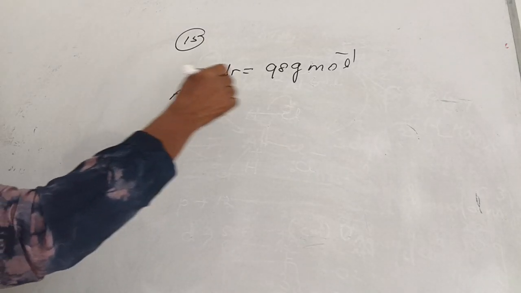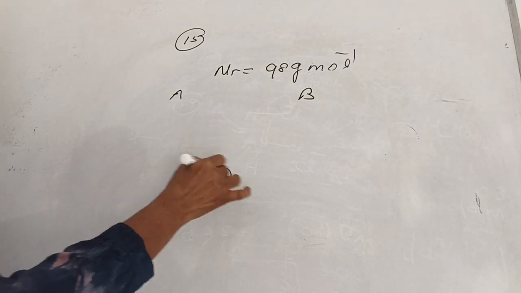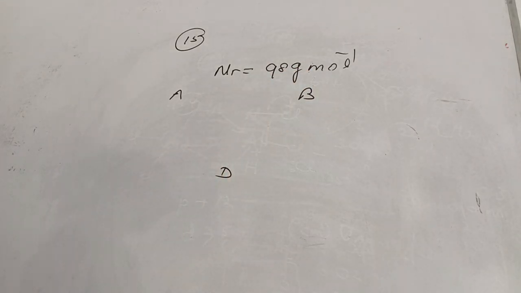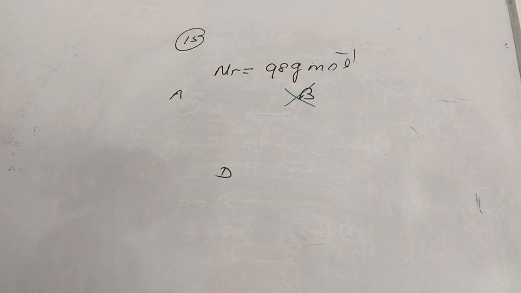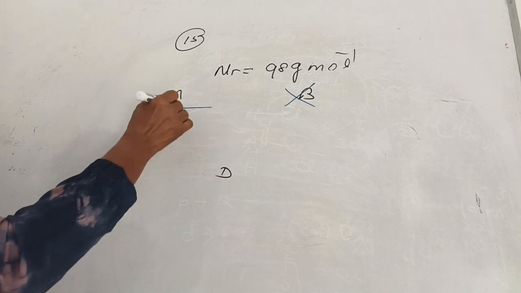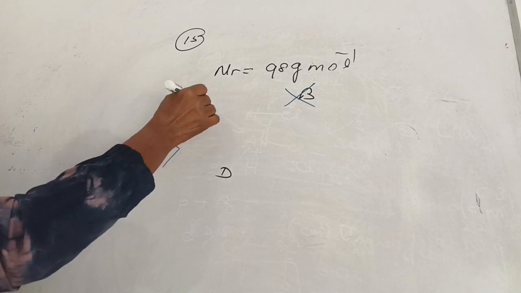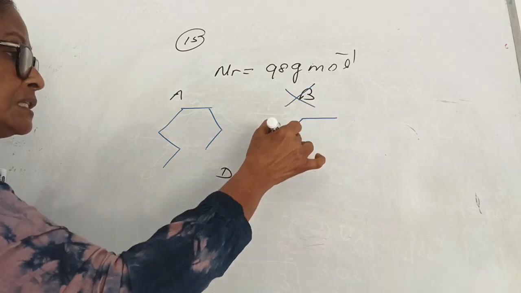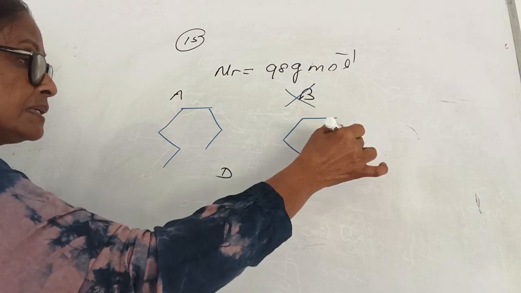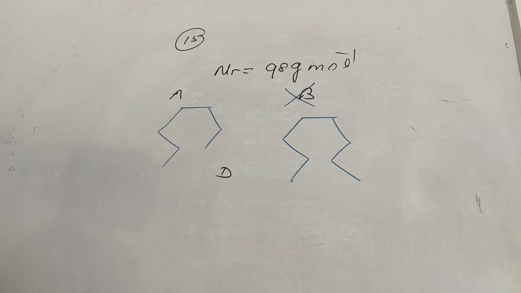If you look at A, B and D, you can see the structures given to you. B has an extra carbon, so I'm not drawing the B structure. It is somewhat lengthier than A. The answer for A would be this structure, but the B structure is the same as that and has this extra part. So B is out.